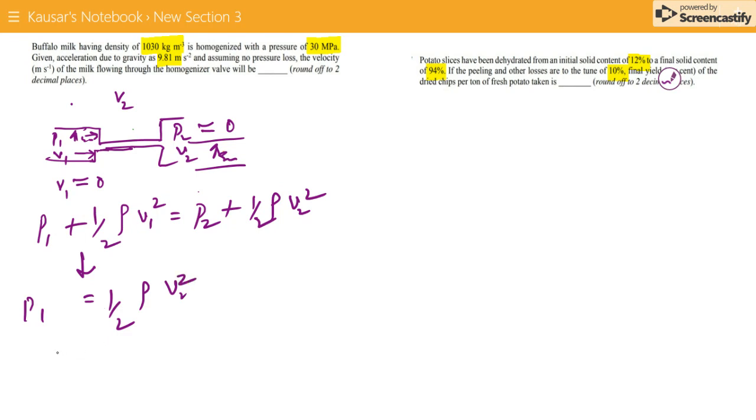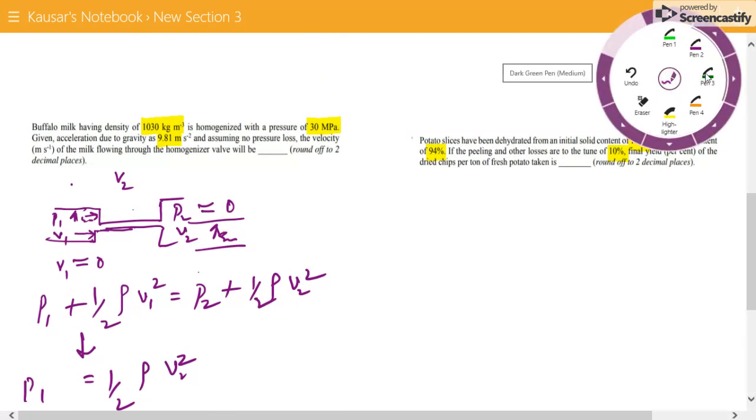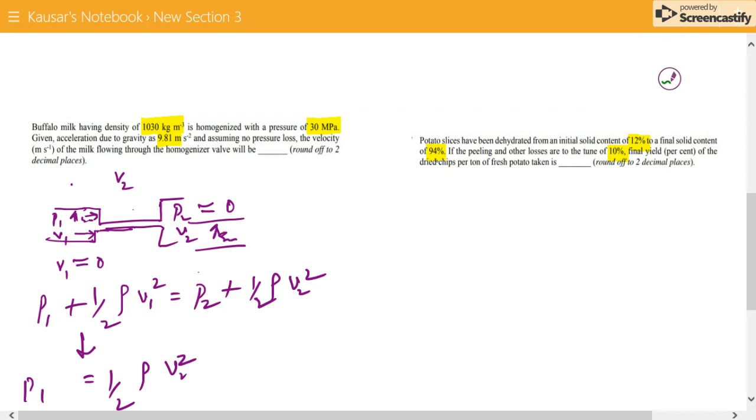So putting the values in it, we will get V2 equivalent to 241.355 meter per second.